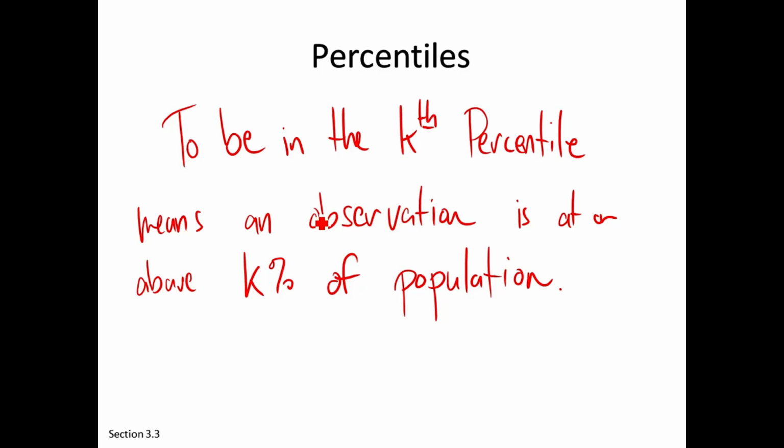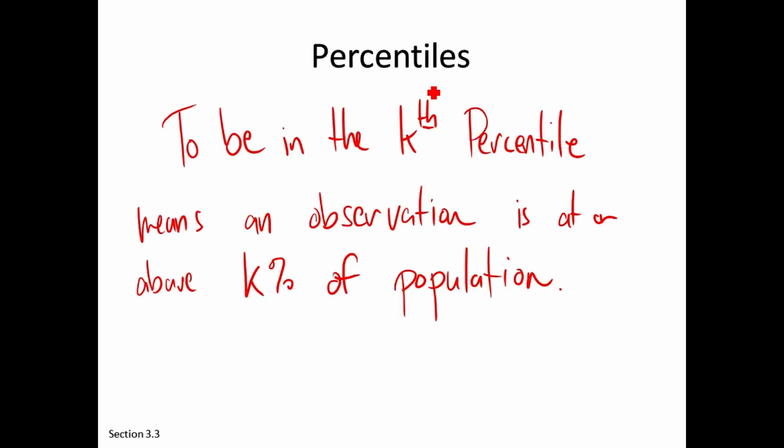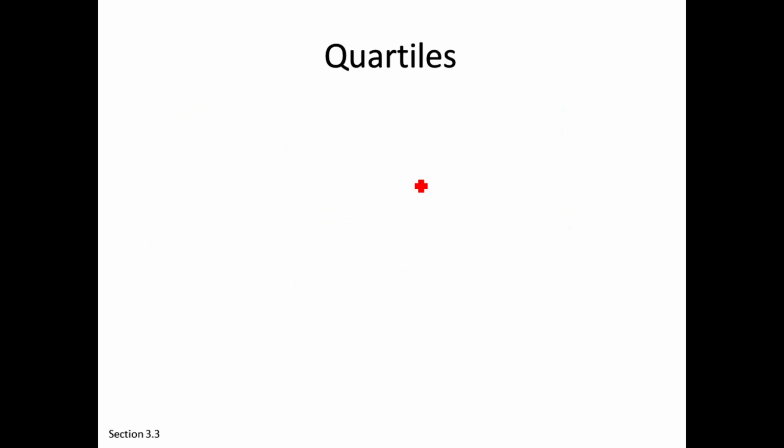There are some examples of percentiles in your book, but we're actually going to concern ourselves more with specific percentiles, and we want to talk about the quartiles. Typically, we split our data up into quartiles. We call Q1 the first quartile.